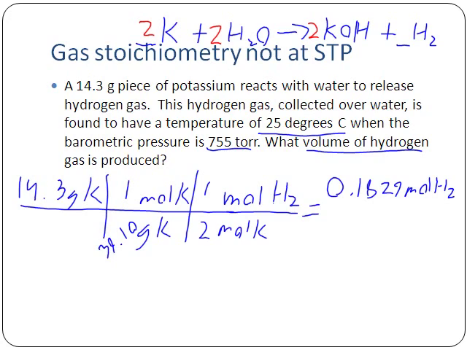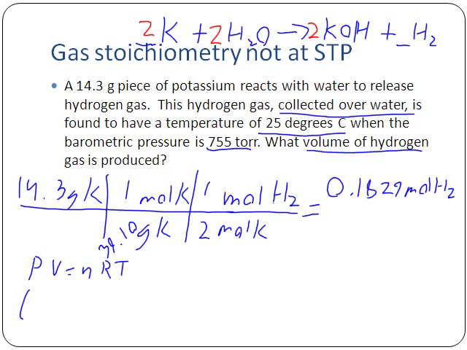So now we want to go ahead and put it into our ideal gas law, PV equals nRT. So pressure. In this case here, we're told the barometric pressure is 755 torr. But we don't want to put that in just yet because it also tells us it's collected over water. And so we have to subtract off the water vapor pressure.